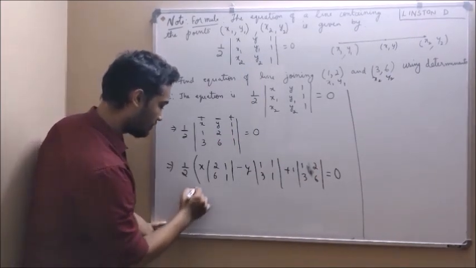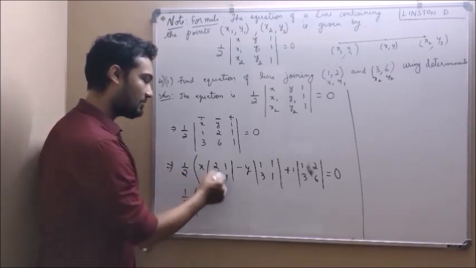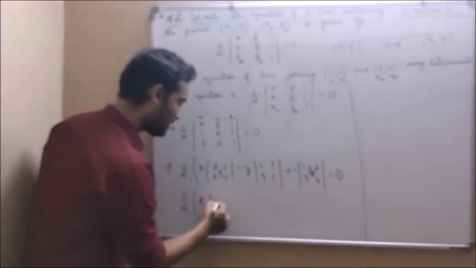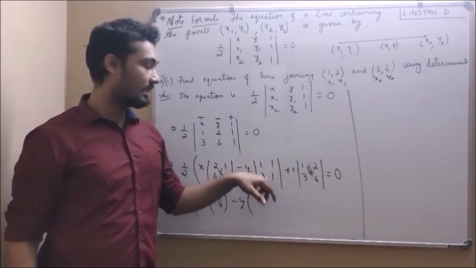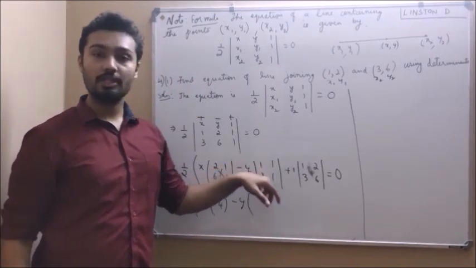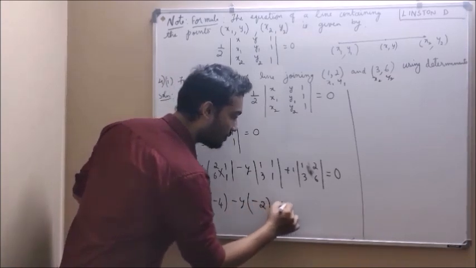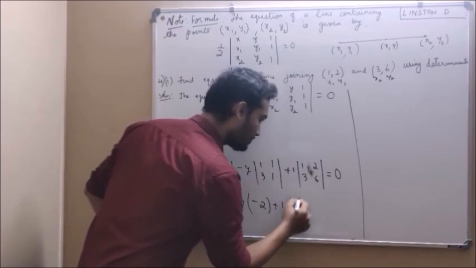Half x, the determinant. This minus this, 2 1s are 2, 2 minus 6 is minus 4, minus y, 1 into 1, 1 minus 3 is minus 2, plus 1, 6 minus 6 is 0.